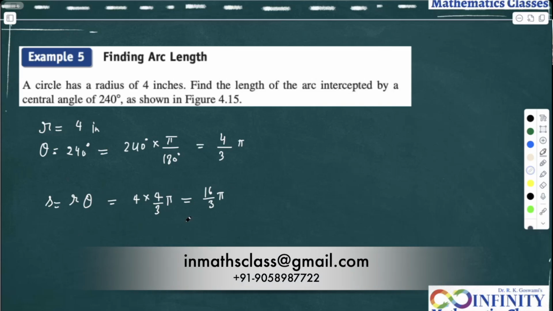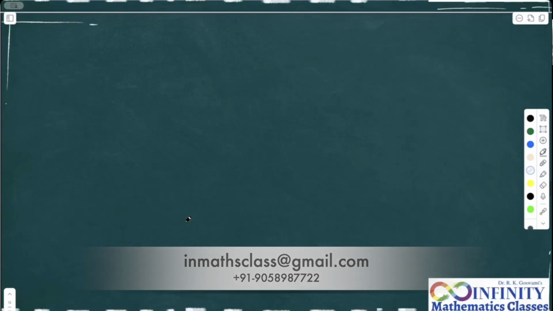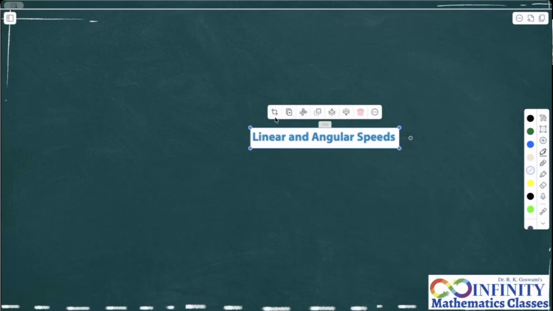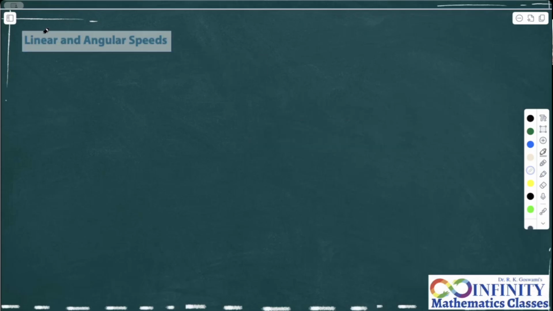Okay, the second application you will be having is based on the linear and angular speeds basically. So there are two types of speed you will be having. One is going to be the linear speed, one is going to be the angular speed.